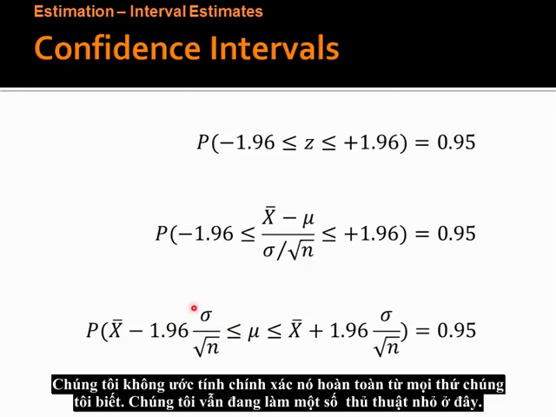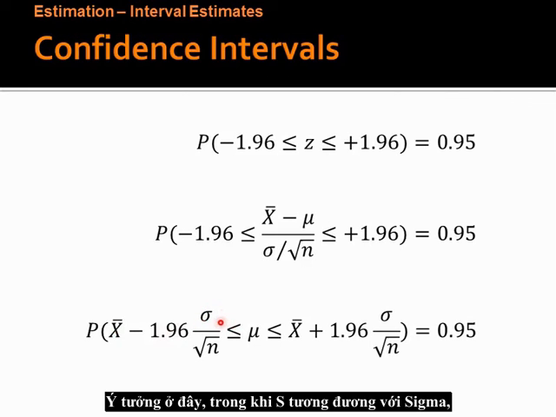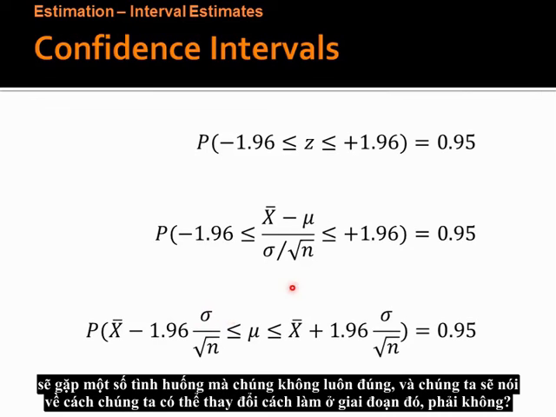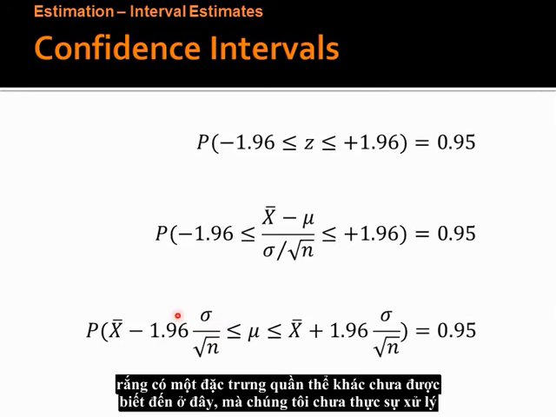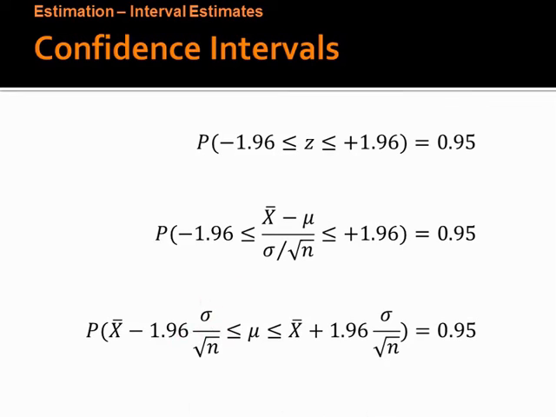The idea that S is equivalent to sigma, we'll come across some situations later where it's not necessarily true, and we'll talk about how we can change the way we do things at that stage. So don't worry too much about this just yet, but keep it in mind in case you suddenly notice and say, hey, wait a second, there's another unknown here which we haven't actually dealt with.